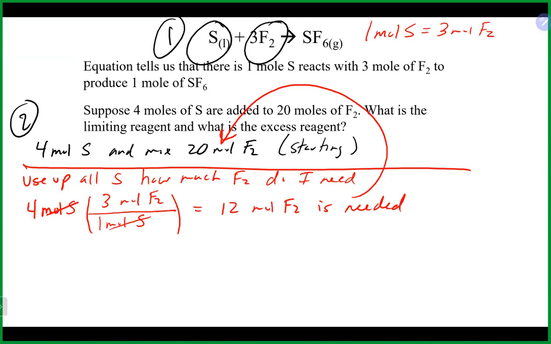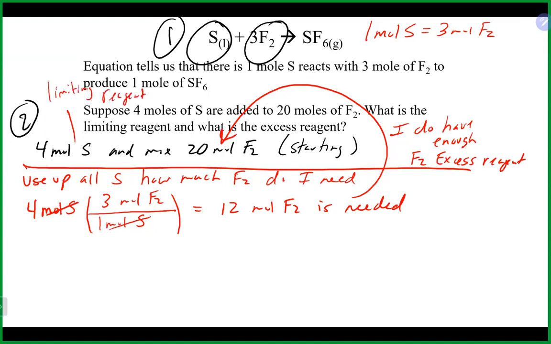I do have enough in this case, right? So when I compare that, I do have enough. And because I do have enough, that tells me that the F2 is the excess reagent. And by default, that means that the sulfur here would be our limiting reagent.